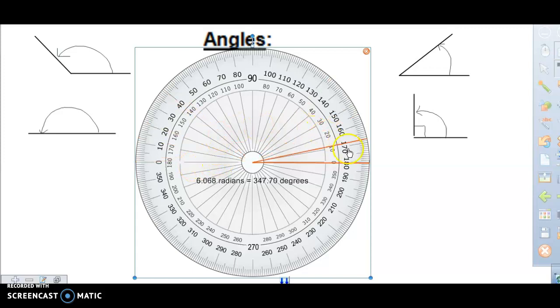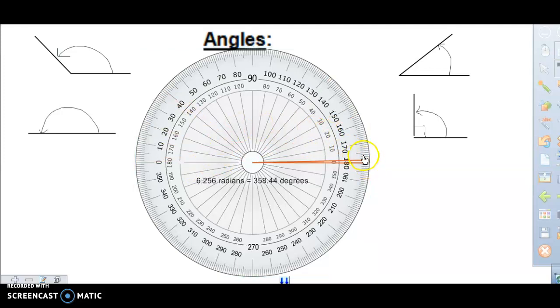Where is my ray now? If it starts at 0 and it turns and turns, it goes past 180 and say it stops somewhere there. Now it lies between 180 and 360 degrees. So it looks like this. There is my 0 degree arm. Let me use straight lines.